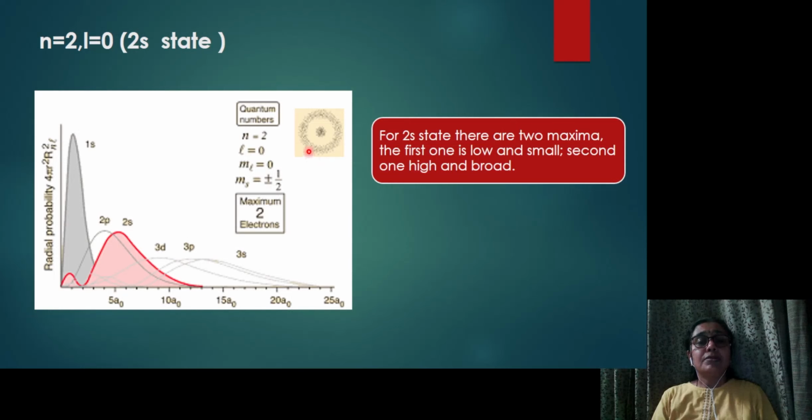So this is like a two-dimensional picture corresponding to this graph of the 2s state. We can visualize the probability of finding the electron in the 2s state around the nucleus as somewhat like this.